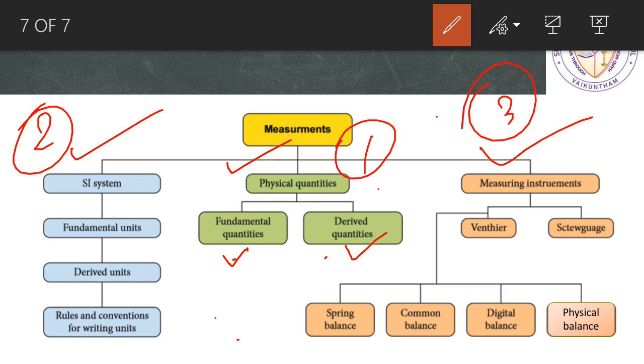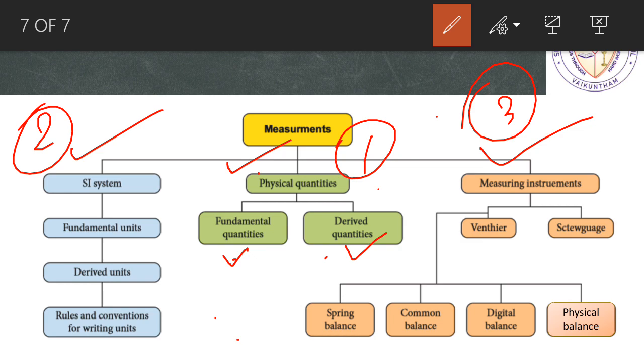Then the second pillar, corresponding to the physical quantities, there is something called units. There were different types of units used in the ancient times, and also in the modern era, but centuries ago.